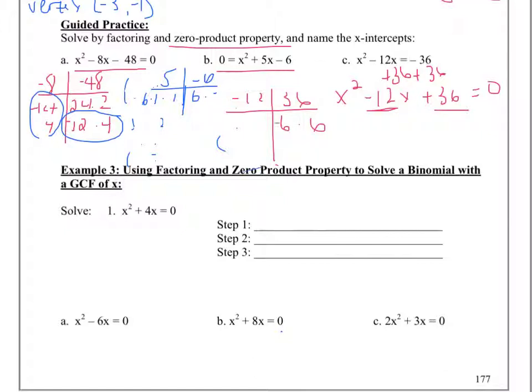So if I do negative 6 times negative 6, we have 36, and negative 6 plus negative 6 will also work. So my two parentheses are going to be x minus 6 and x minus 6. Now I've factored, and I have to set each equal to 0.